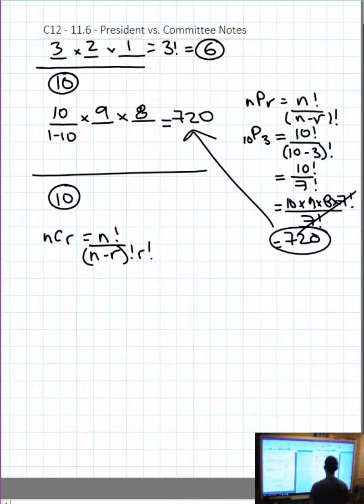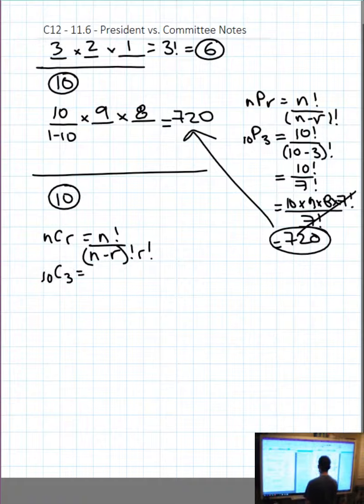Same formula as permutation, but with another r factorial on the bottom. And we're doing 10C3 this time, which is 10 factorial over (10 minus 3) factorial times 3 factorial, and as I've worked out in the notes, that works out to be 120.